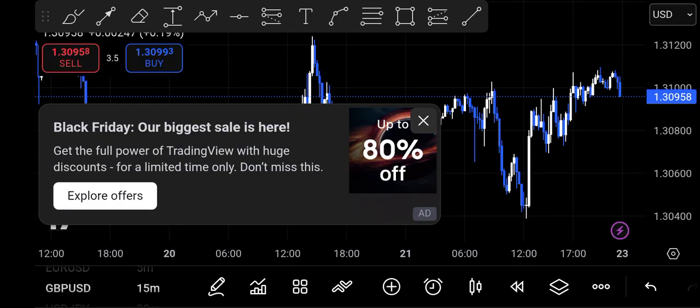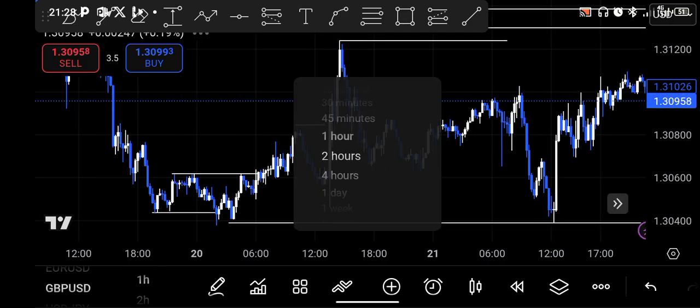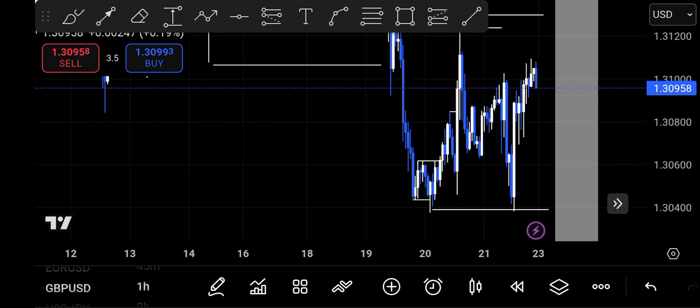So let me do the analysis on the GU from the monthly time frame, which is what we call top down analysis.